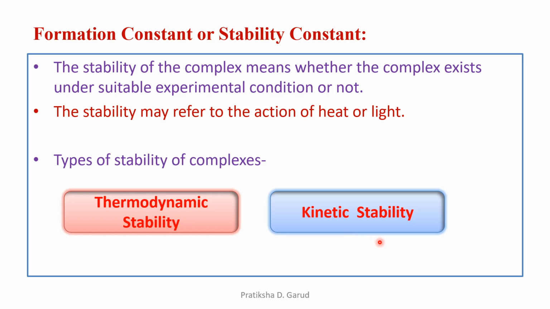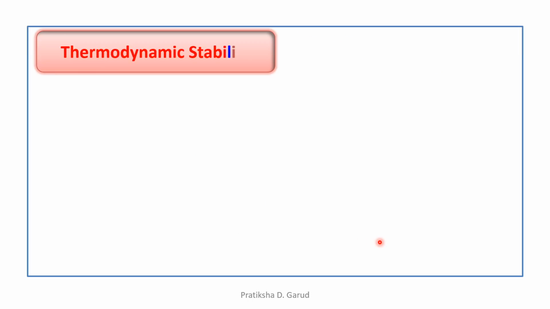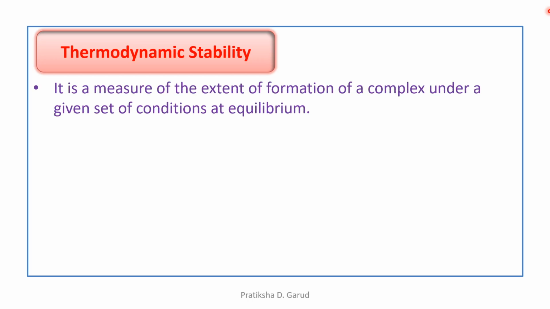So let's start with the first one, which is known as thermodynamic stability. What is this thermodynamic stability? It is a measure of extent of formation of a complex under a given set of conditions at equilibrium.